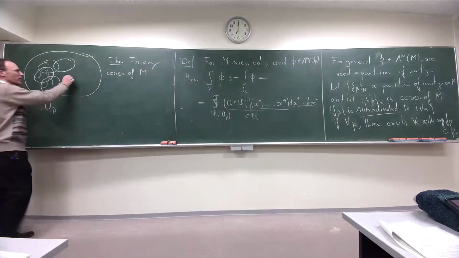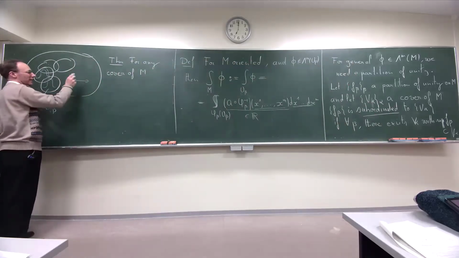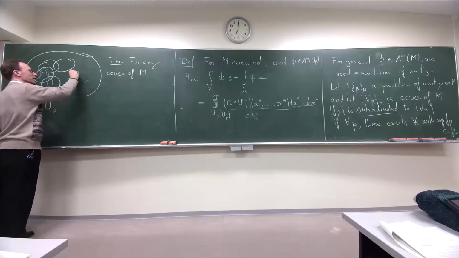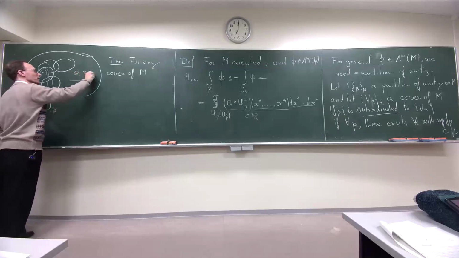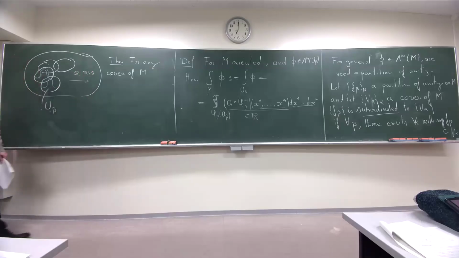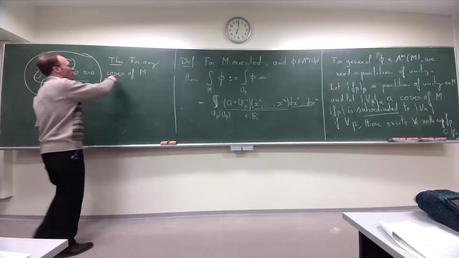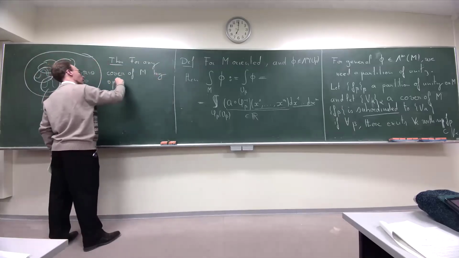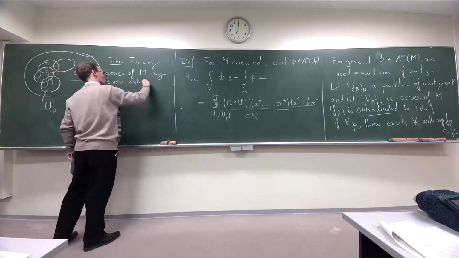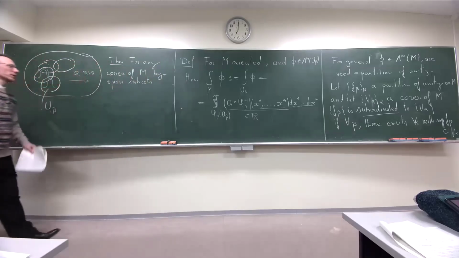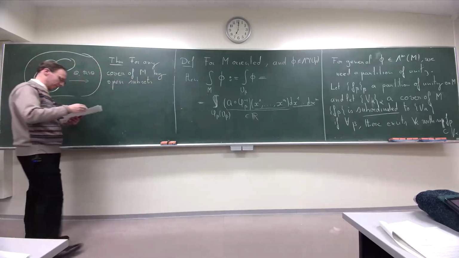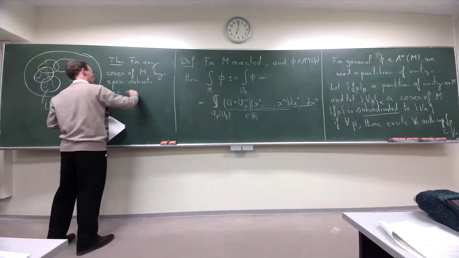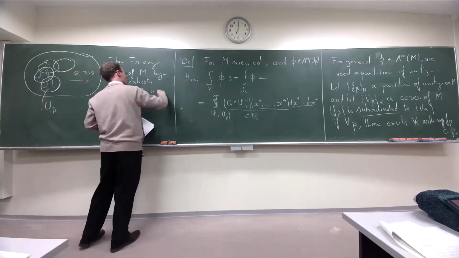For example, if you think about the real line, you could take Q and R minus Q. This would be a cover, but of course you would have a problem. So for any cover of M by open subsets, the notion of open is very important, there exists a partition of unity.